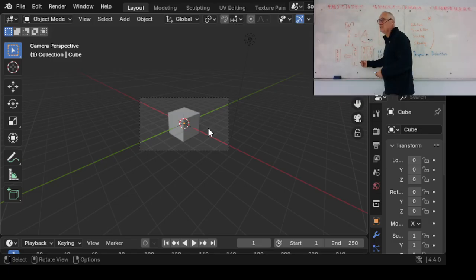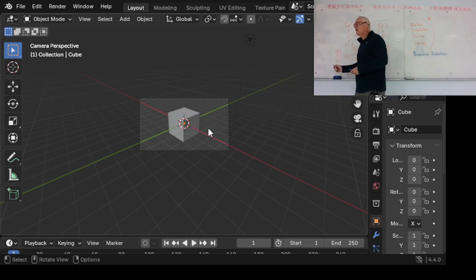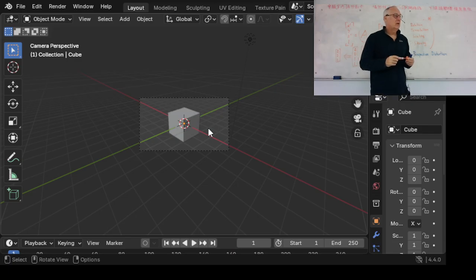These homogeneous coordinates, minus 2 divided by minus 1 is 2, 0 divided by minus 1 is 0, minus 1 divided by minus 1 is 1. 4 divided by 2 is 2, 0 divided by 2 is 0, 2 divided by 2 is 1. So all of these map to the same 3D coordinates there.